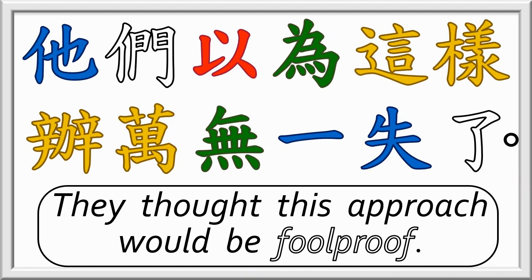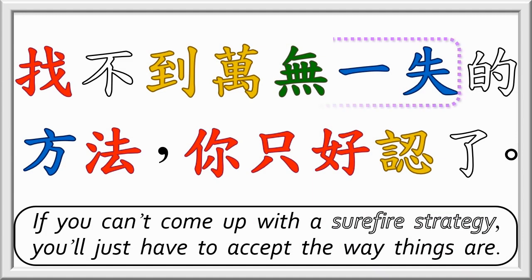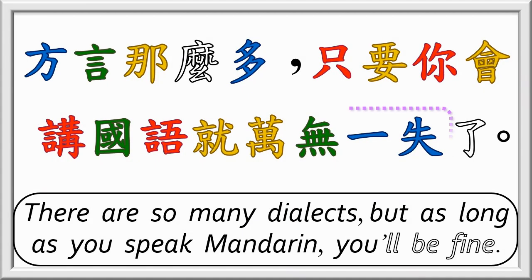They thought this approach would be foolproof. 找不到万无一失的方法，你只好认了. If you can't come up with a surefire strategy, you'll just have to accept the way things are. 方言那么多，只要你会讲国语，就万无一失了. There are so many dialects, but as long as you speak Mandarin, you'll be fine.